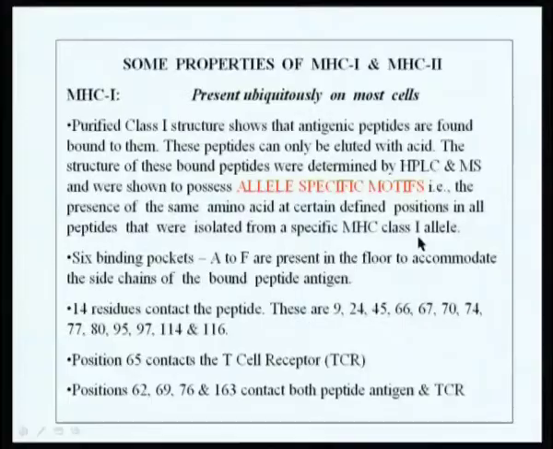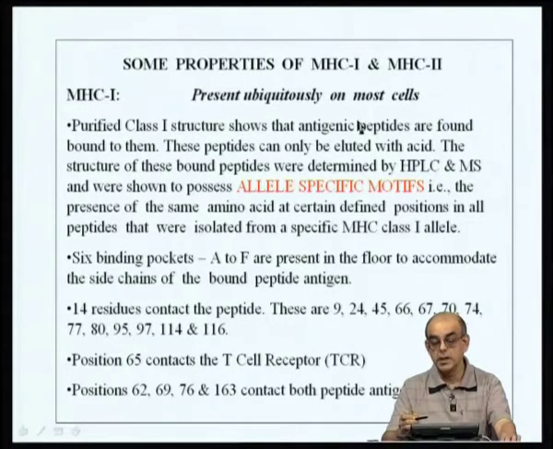So, going on further, just to look at some properties of MHC1 and MHC2, which is described in this slide. One of the important things is that MHC1 is ubiquitously found on most cells, except those derived from the central nervous system or the neuronal cells, which express very little MHC on the surface, because these neuronal molecules need to be protected from the immune response.